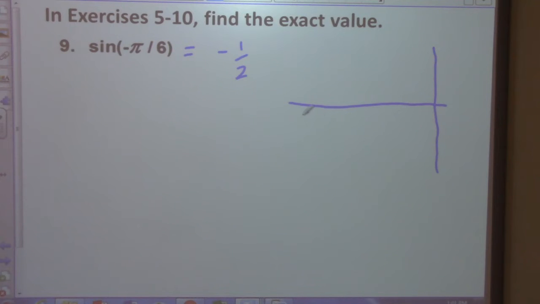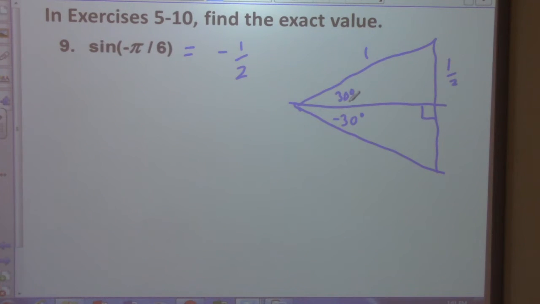Because what it is, we have our negative 30 degrees right here. So this is negative 30 degrees, which is equivalent to negative pi over 6. And here's our reference angle, so our reference angle equals 30 degrees. And then we have over here 1/2 over 1.